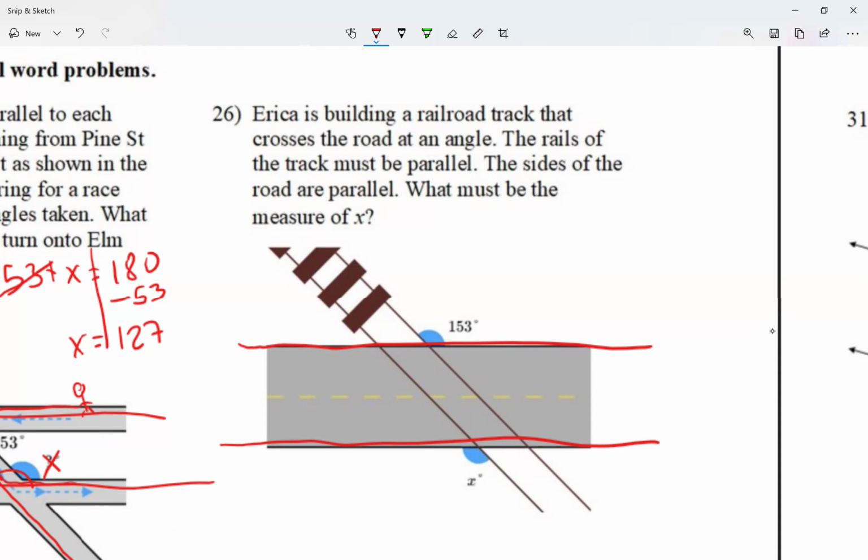Okay. So first I'm going to use this transversal here, and I'm going to use the idea of corresponding. I see this angle is 153. So based on corresponding, I'm going to say this angle here is 153.